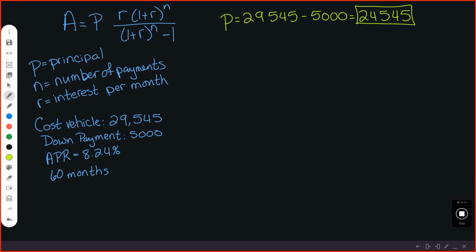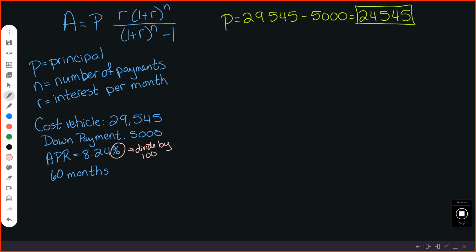The next thing we need to do is figure out what our interest rate per month is going to be. We know that our interest rate is 8.24%. That's per year. That's our annual percentage rate. So to find the interest rate per month, the first thing we have to do is, because this is a percent, remember that means divide by 100. When we did this in class, I divided by 100 and then divided by 12. I feel like that was confusing.